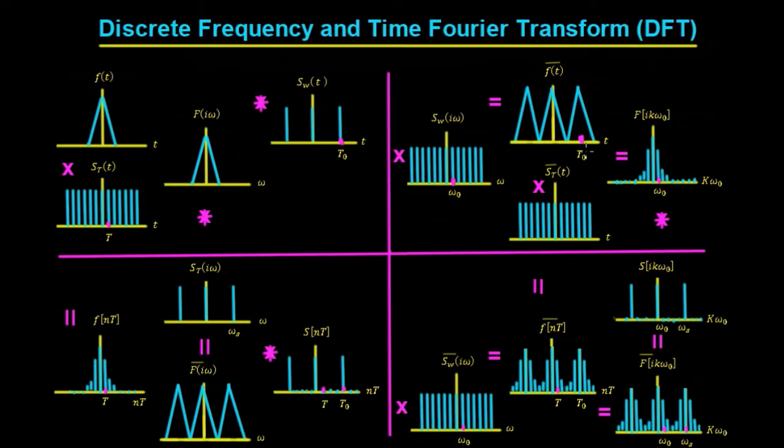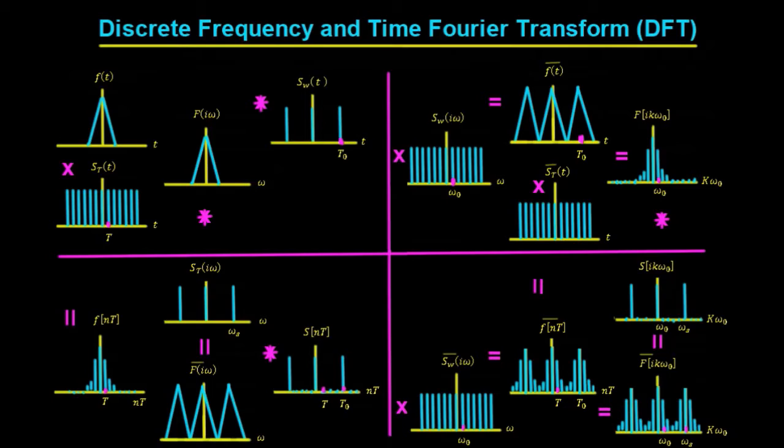So you can compare this here with what happened with the discrete time Fourier transform, and you can see the duality here. One of these functions is continuous and periodic, the other one is discrete and aperiodic, and again we've got one of the functions here is continuous and periodic, the other one is discrete and aperiodic.